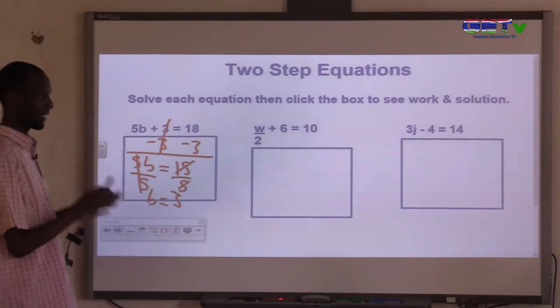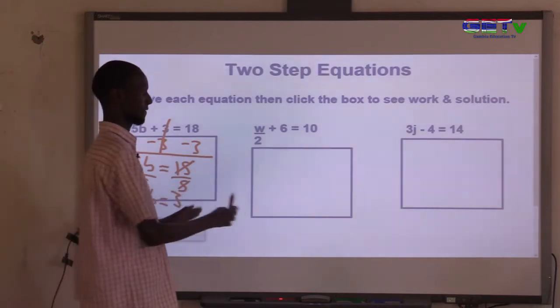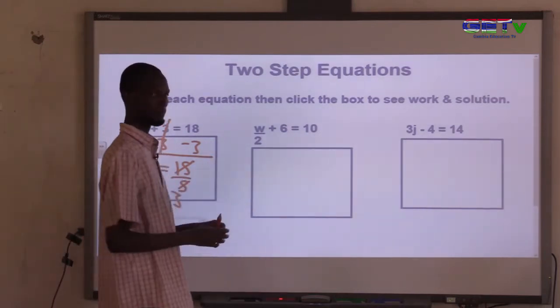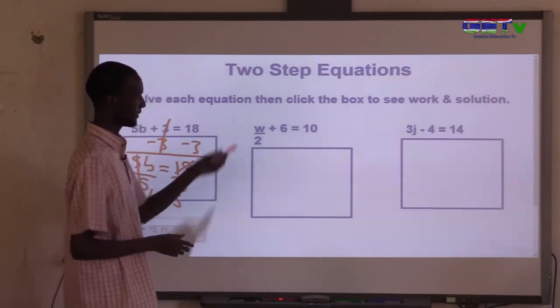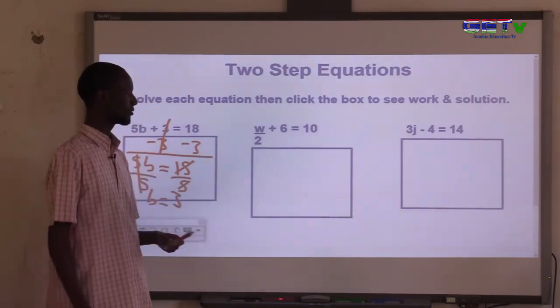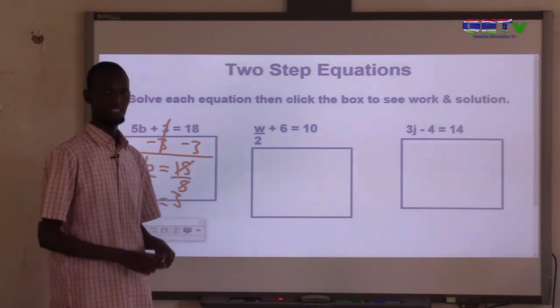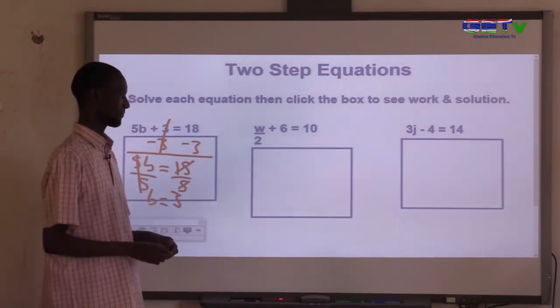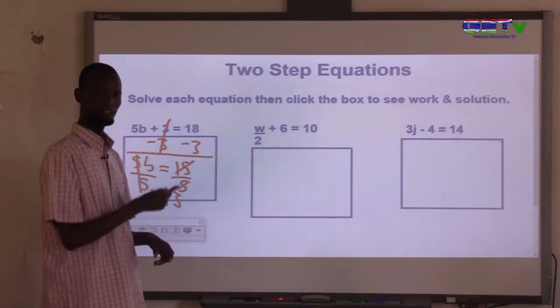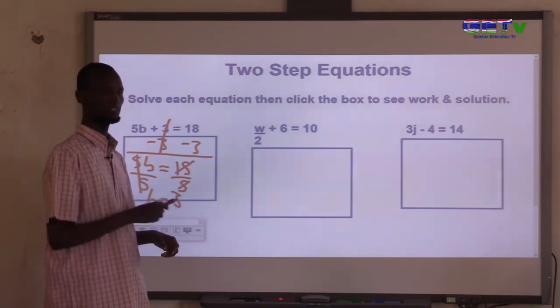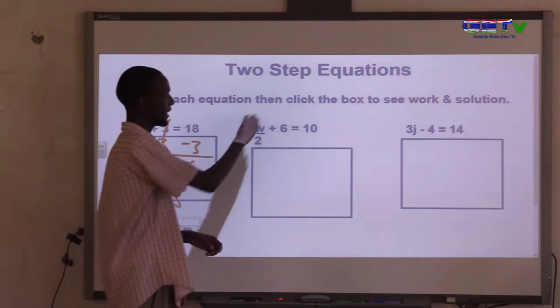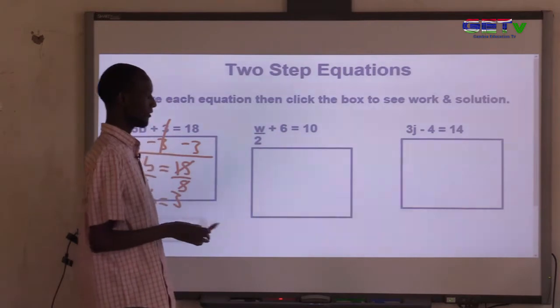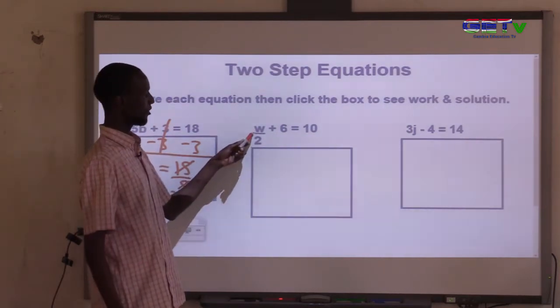Now we could apply the same steps to the second question, where we have w over 2 plus 6 is equal to 10. Still, we are trying to isolate our variable on one side. Look at the side where the variable is. We have w over 2.